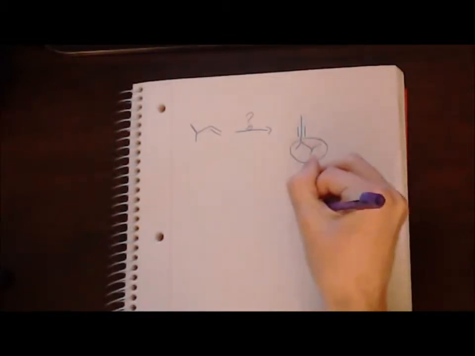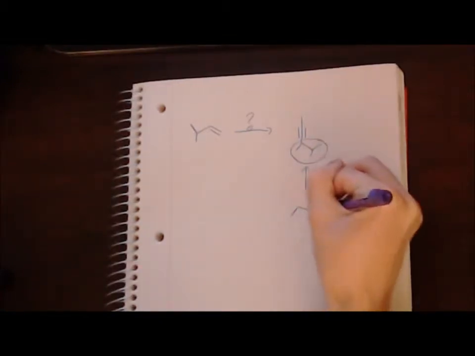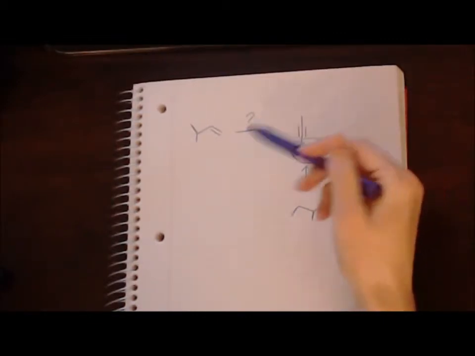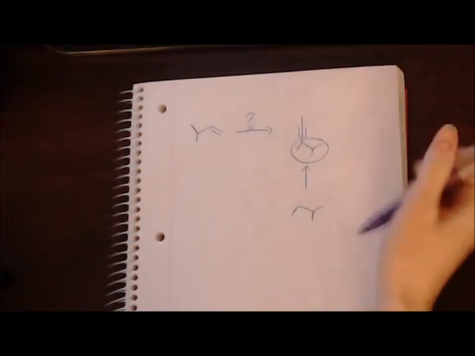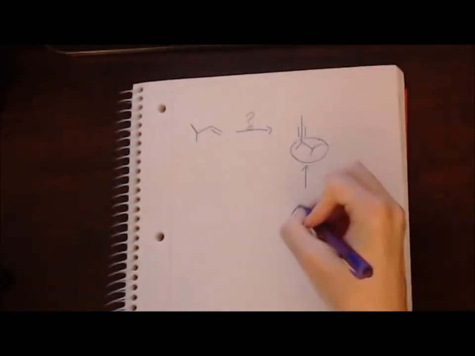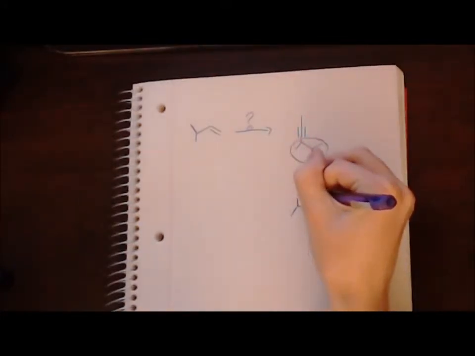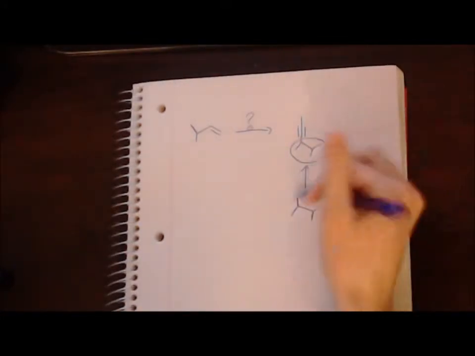So what we're going to have down here is this part of the original reactant and something else. So we're going to make something with a good leaving group, so I'm just going to make it tosyl chloride.